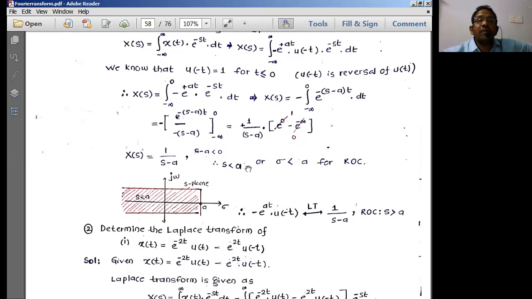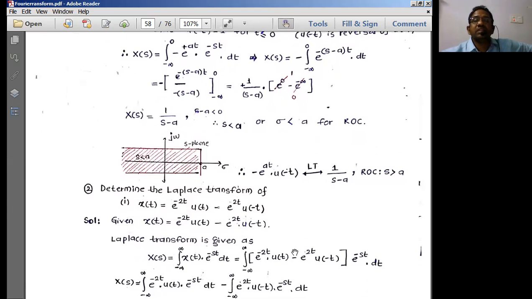Therefore we'll be having sigma less than a. So the ROC is going to become like this. If a is positive, so we'll take a as a positive value here, the region of convergence will be simply below a. In all this region, ROC is normally going to exist in this kind of problem, right? Now what is the equation we have? 1 by s minus a.